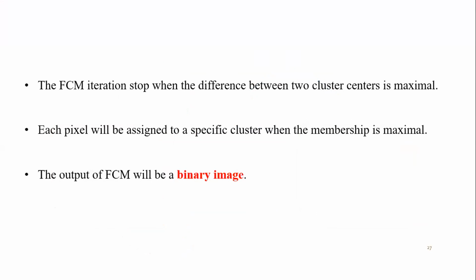The iteration stops when the difference between two cluster centers is minimal. Each pixel will be assigned to a specific cluster when the membership is maximal. So here the output of FCM will be a binary image.